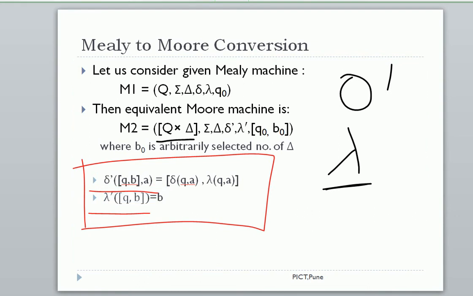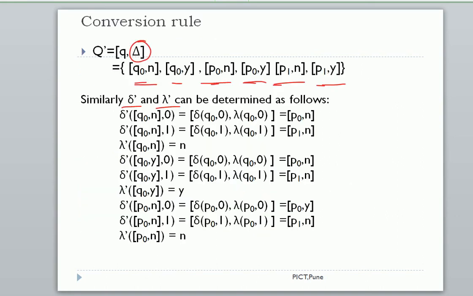For better understanding, I use another bit: delta dash of Q, B on A, where A is the alphabet set. So how do we find it out? Delta on Q, A, comma lambda on Q, A. So the same equation I will use here. I will start from the first state. Just a minute.